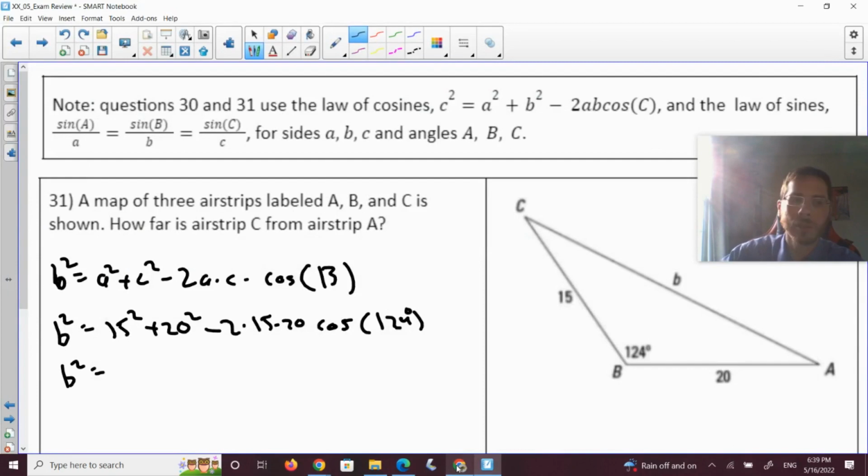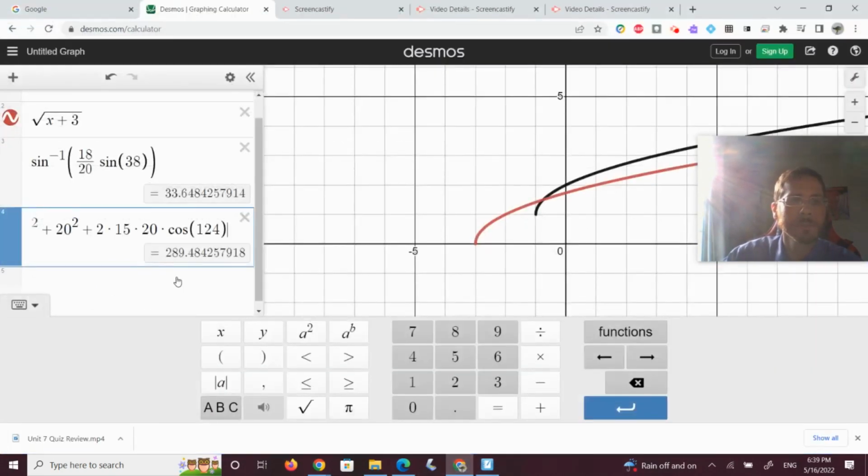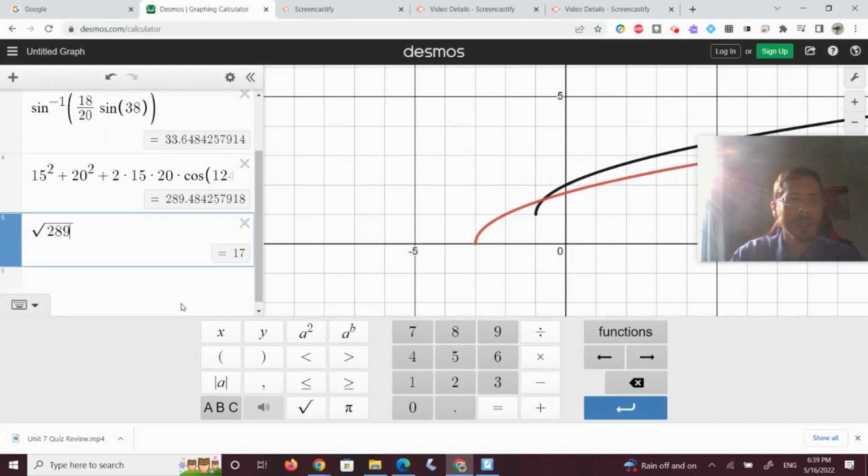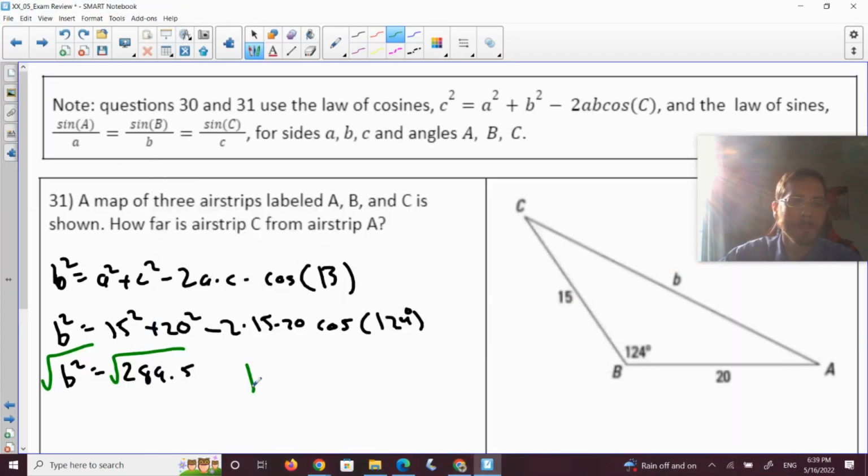Okay, so b squared is about 289.5. Now to get b by itself, we have to square root both sides. 289.5, that's really close to 17. So we're going to go with 17. And that's it. So we're all set.